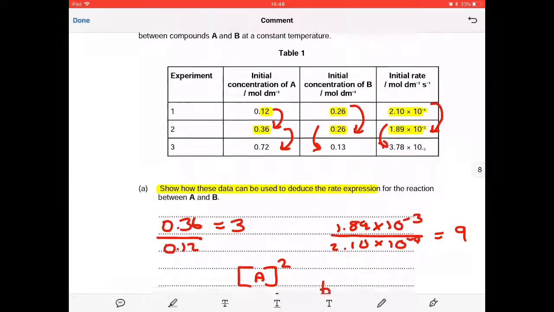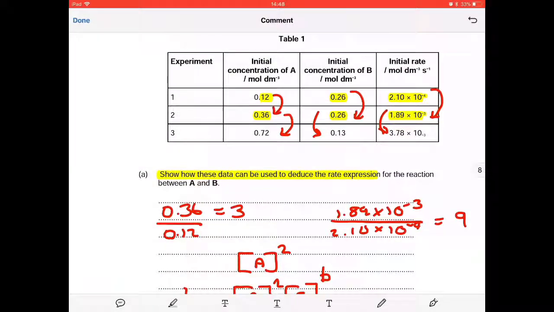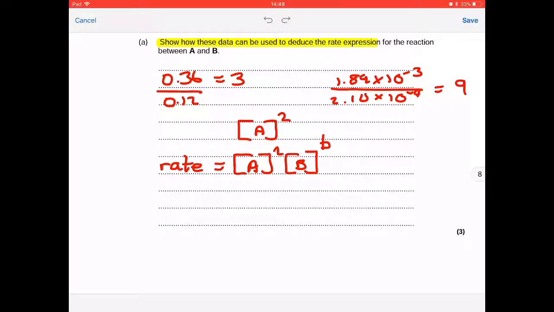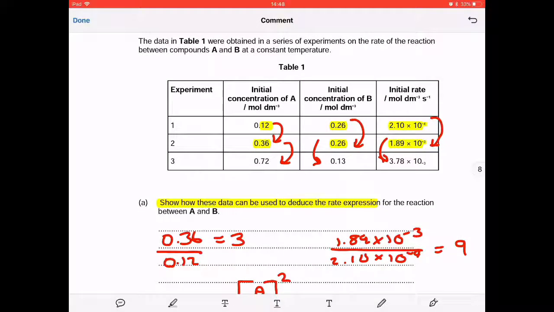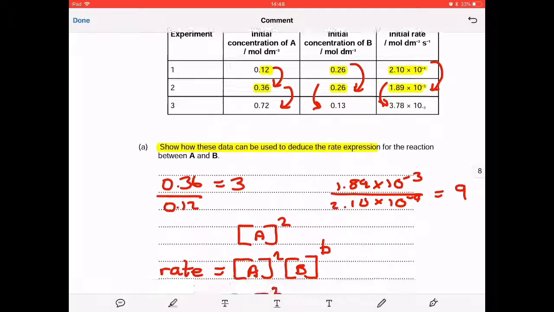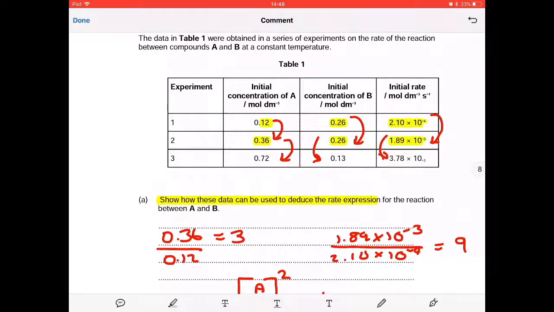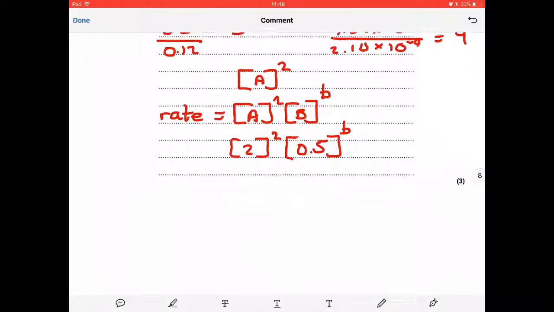So, between experiments 2 and 3, A doubles from 0.36 to 0.72, so we know that A is 2. For B, we can see that B halves between experiment 2 and 3 from 0.26 to 0.13. So in terms of numbers, we're going to put that in as 0.5 to the power of b. The rate, if we have a quick look, doubles from 1.89 times 10 to the minus 3 to 3.78 times 10 to the minus 3.